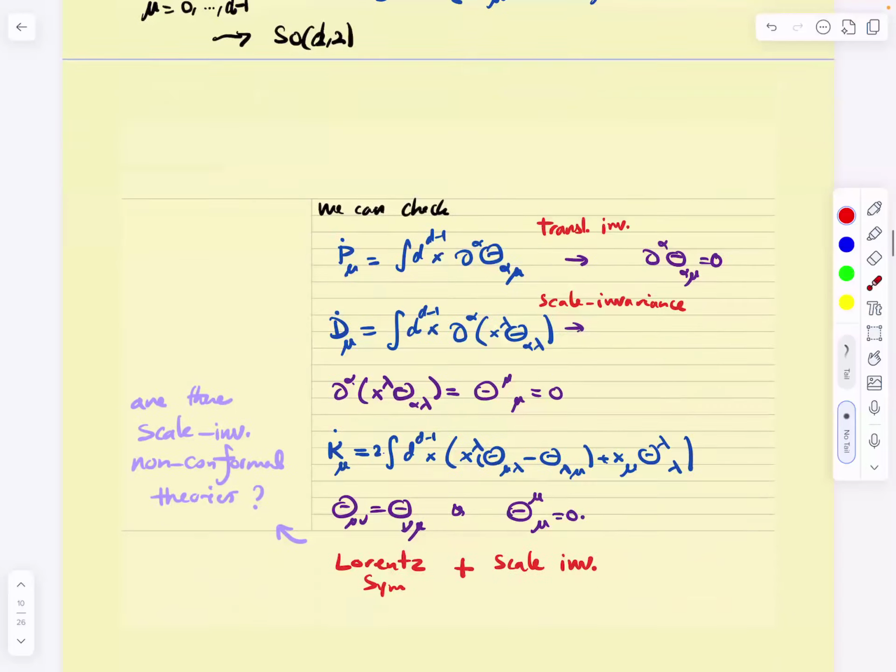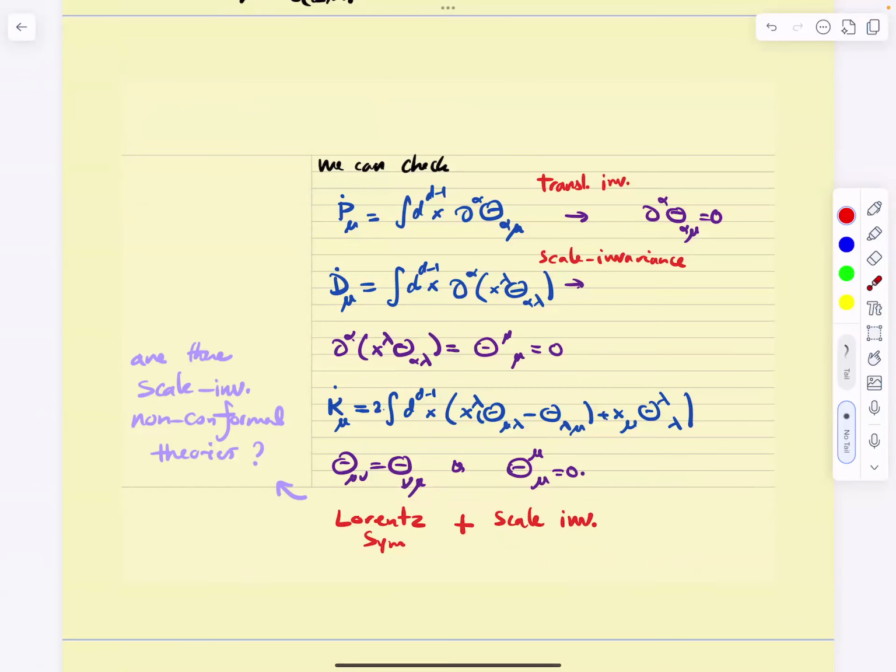All right. Now, we defined the charges, but let's see what the consequences of conservation laws are. So we define this charge, P mu. This is momentum. In the time direction, it would be the Hamiltonian. It has to be invariant under time evolution. So P mu dot, if dot is d/dt, and the decomposition of space-time into a constant time surface and dt time, this is del mu of theta alpha mu.